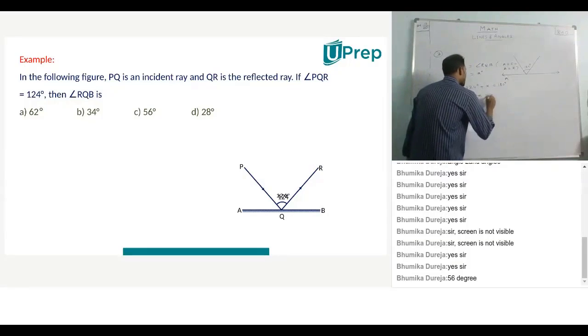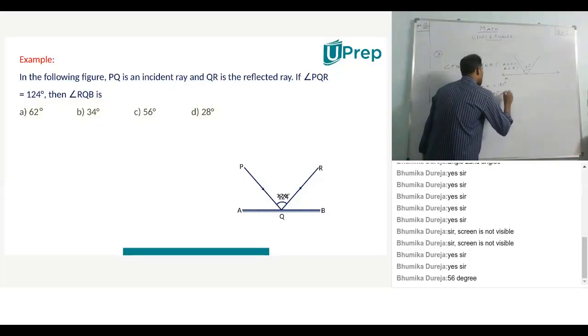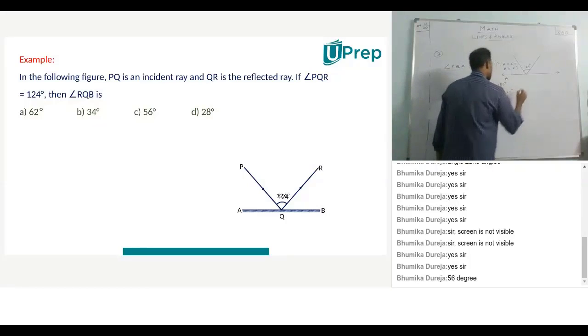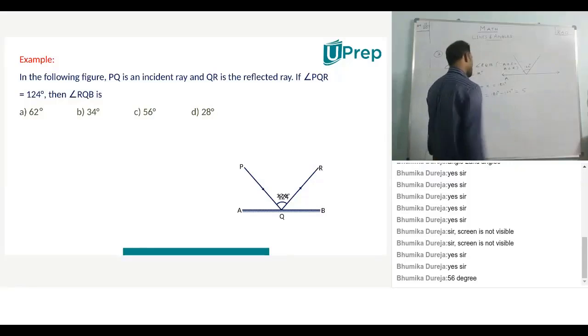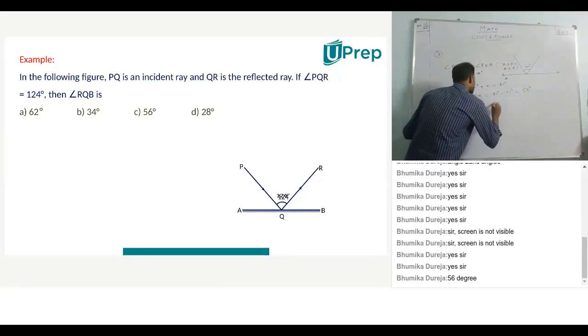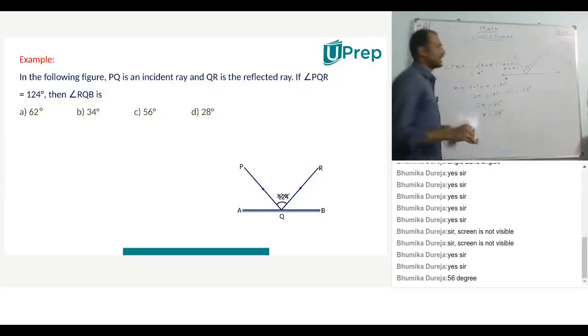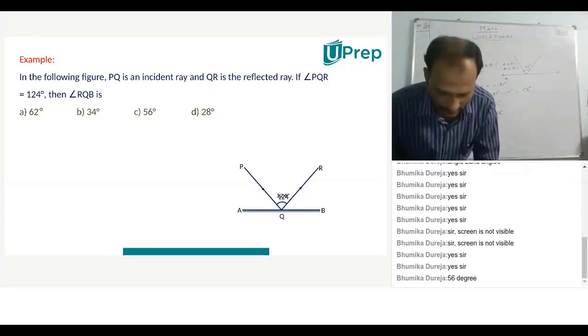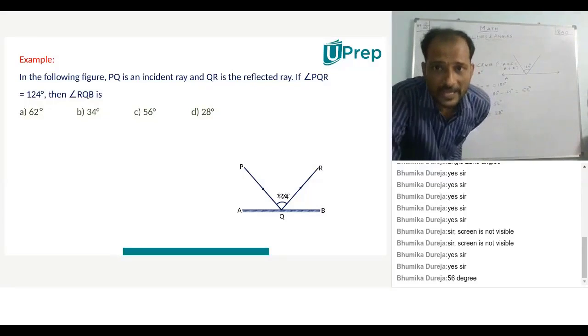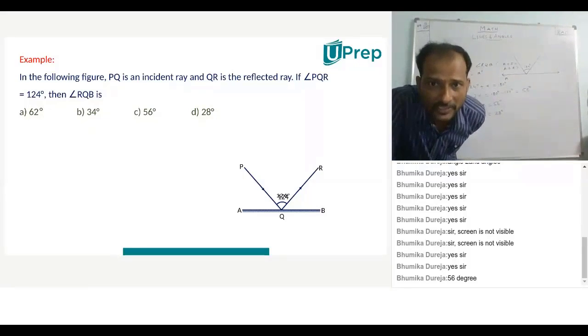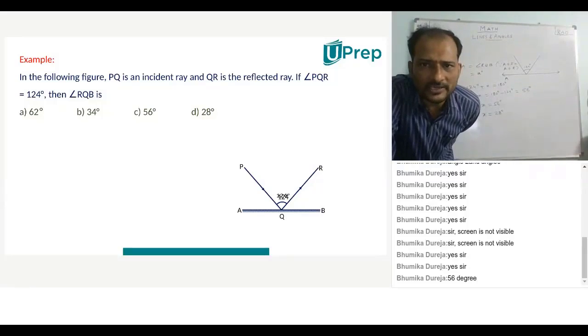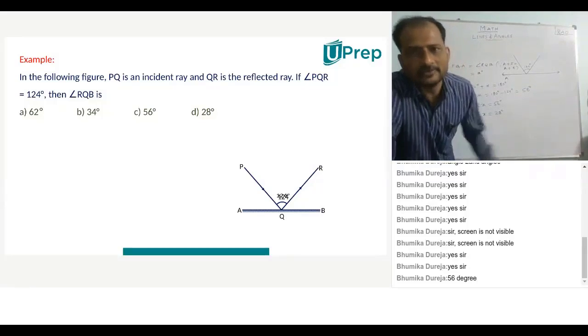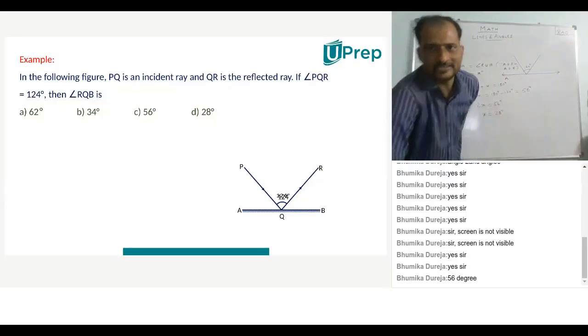Now 2x will be equal to 180 degrees minus 124, which is equal to 56 degrees. So x is equal to 28 degrees, and x is nothing but angle PQA as well as angle RQB. Now according to the question, angle RQB is nothing but 28 degrees.